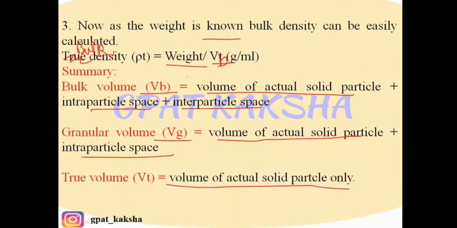As a fixed weight of powder has been used, weight divided by bulk volume gives bulk density, weight divided by granular volume gives granular density, and weight divided by true volume gives true density. So this is all about the three different types of density.